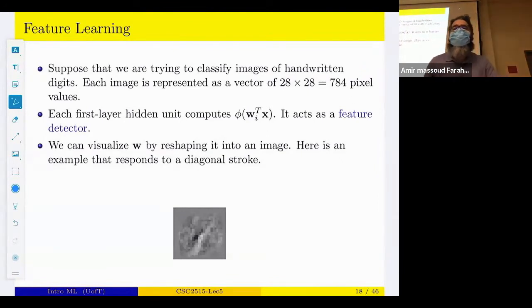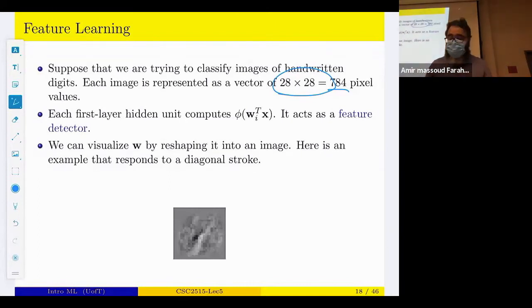So, for example, suppose that you are trying to classify images of handwritten digits. Each image is represented by a 28 by 28 matrix, or we can see it as a 784 pixel vector.